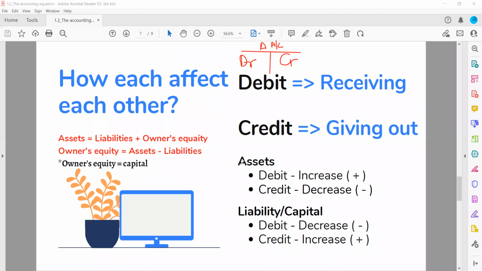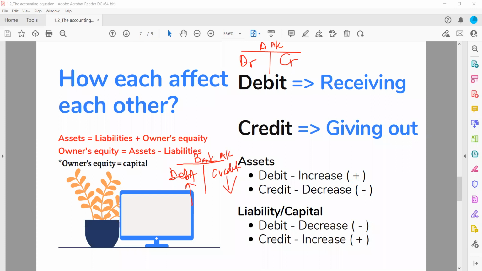From the accounting equation point of view, if this account is an asset account, for example, bank account, bank account is an asset. When it's a debit, bank will be increased. When it's a credit, bank will decrease.